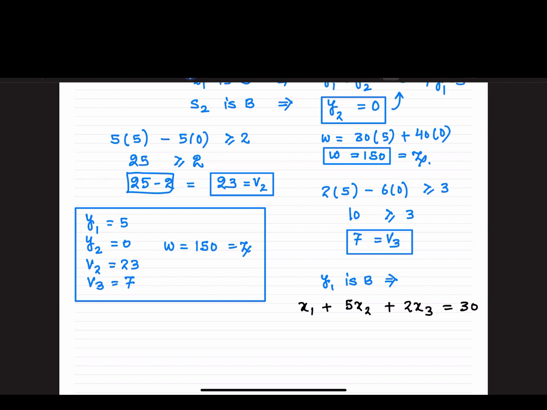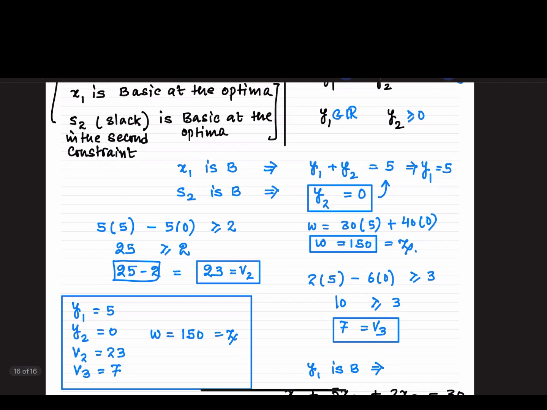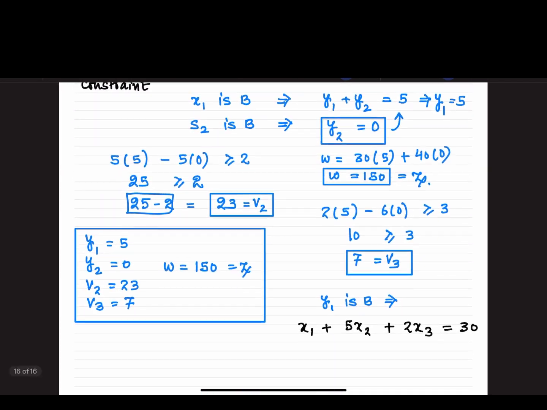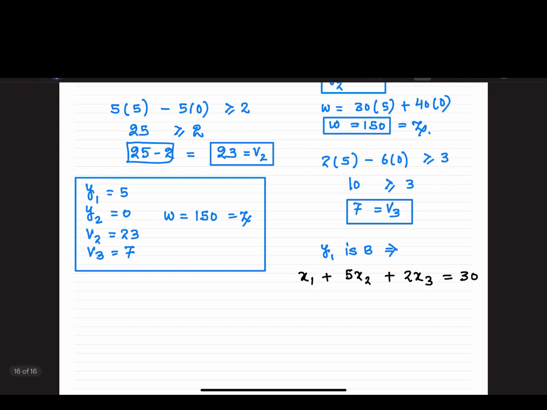Next, see v2. v2 is the surplus in the second constraint. That means x2 should be 0. So since v2 is basic, this implies x2 is 0. Also, v3 is a surplus which is also non-zero.